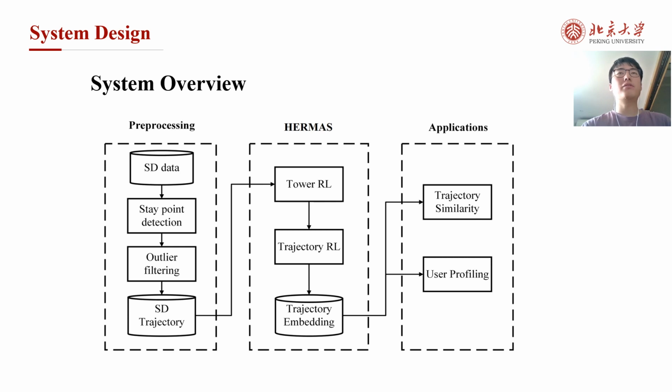HERMAS is a kernel representation learning framework to embed cell towers by a two-stage embedding algorithm. Then we employ a recurrent network model to embed the trajectory. And finally, trajectory embedding is used as the input to downstream applications as an evaluation of HERMAS.